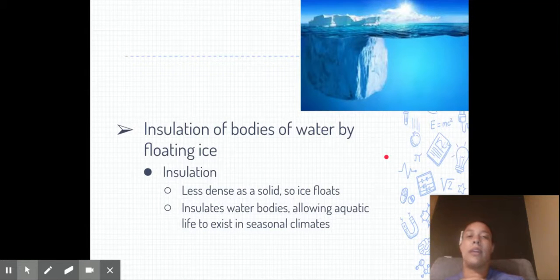So that's a really key component. Imagine if ice had a higher density compared to its liquid counterpart, it would sink down and crush virtually all of life within our aquatic areas. So that's really important for keeping life safe as our seasons change.